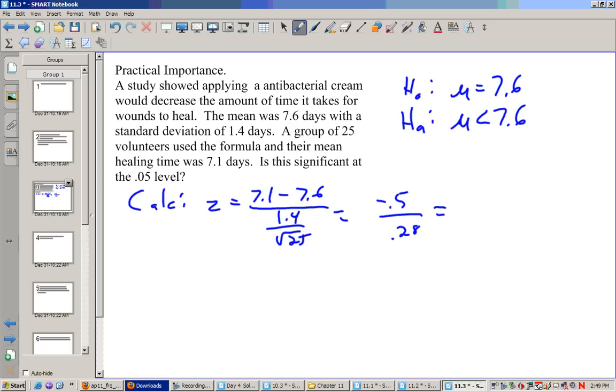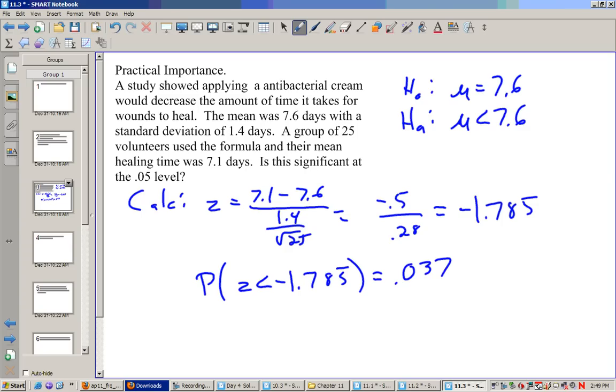So negative 0.5 over 0.28 gives us negative 1.785. So our p-value, the probability that z is less than negative 1.785, is 0.037. So is this significant at the 0.05 level? Yes, it is significant.